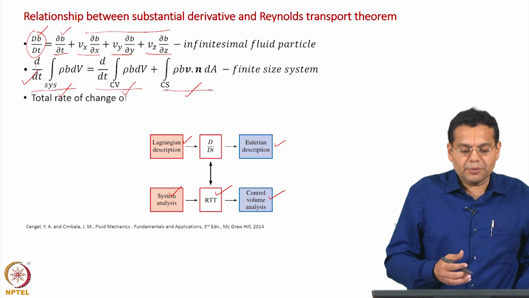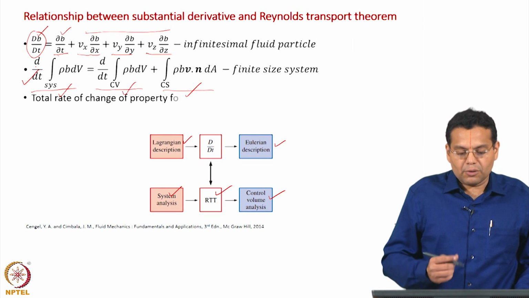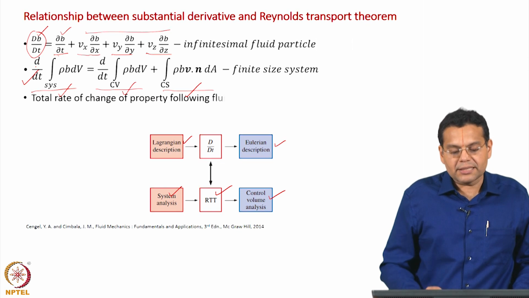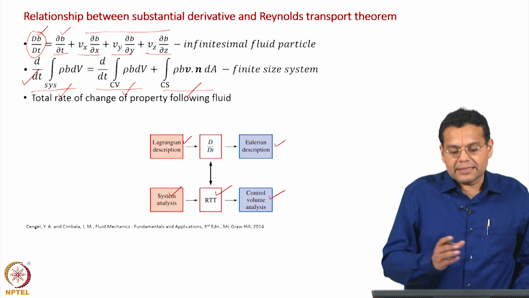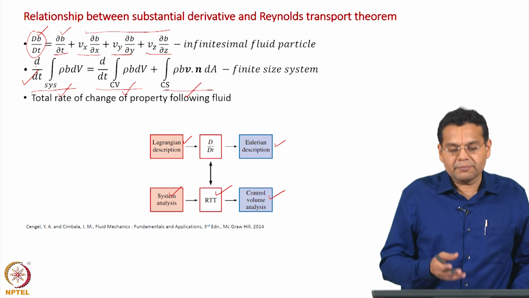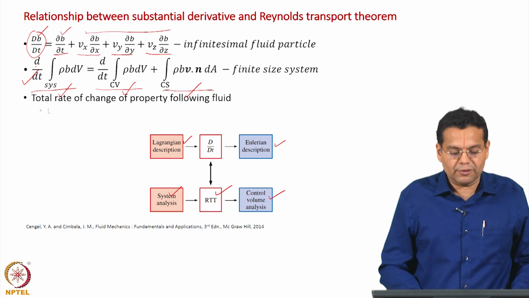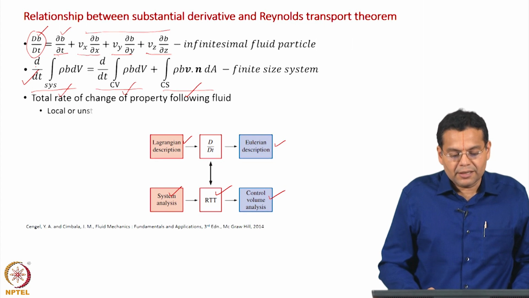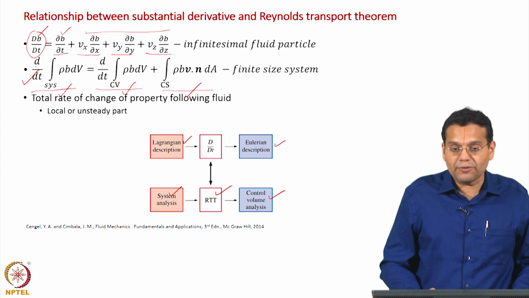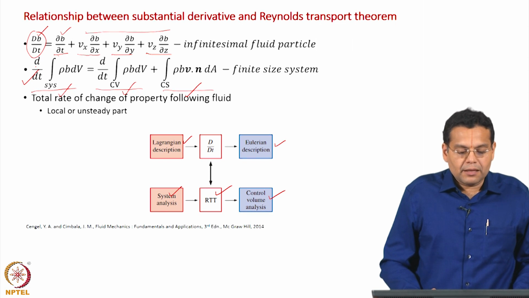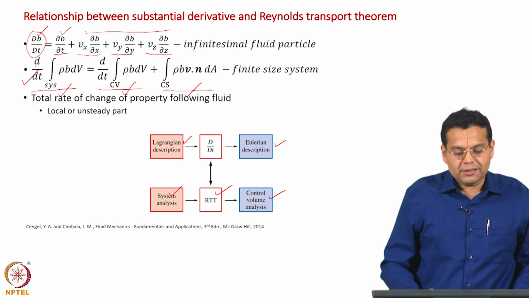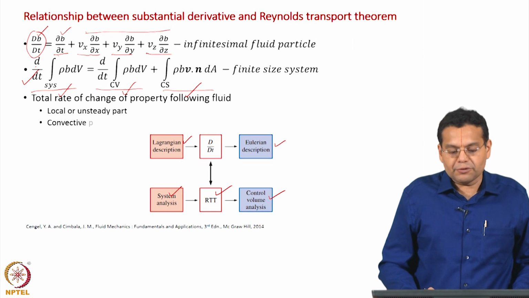The first contribution is the local contribution or unsteady state contribution. Second contribution is from convection or because of fluid flow, okay, and that is what is shown here. The total rate of change of property following the fluid has two contributions, local or unsteady part and then the convective part.